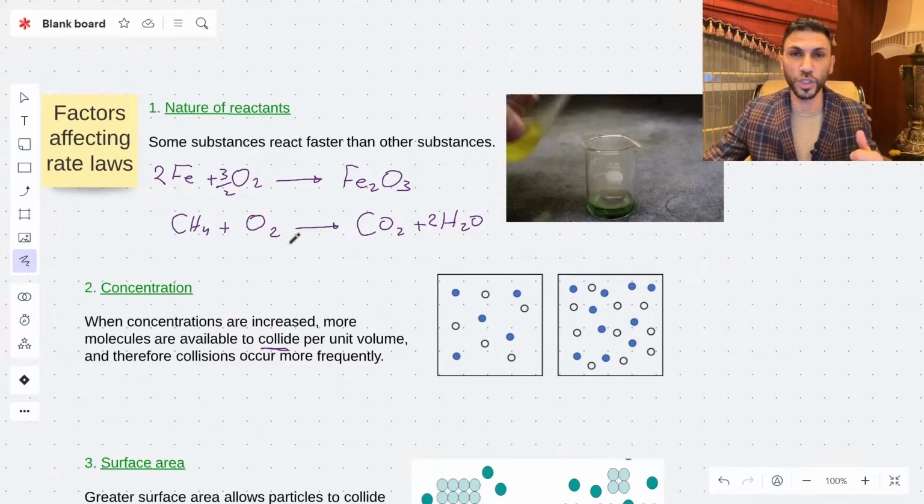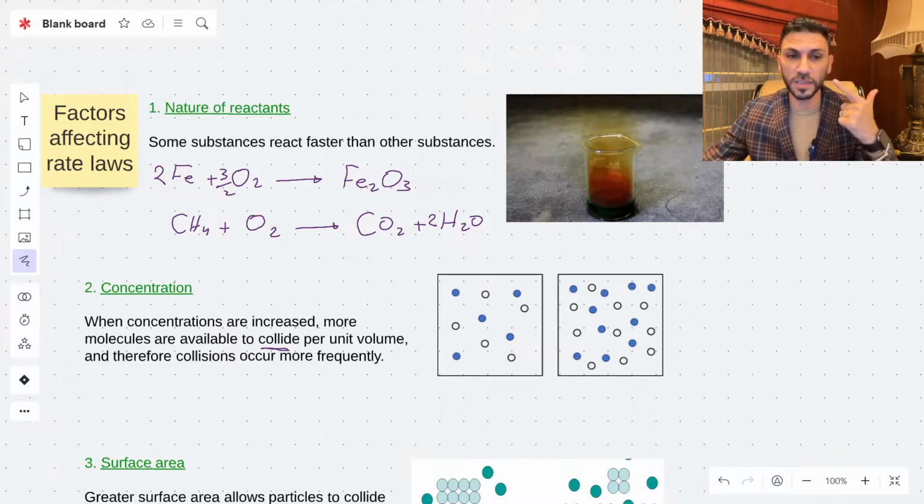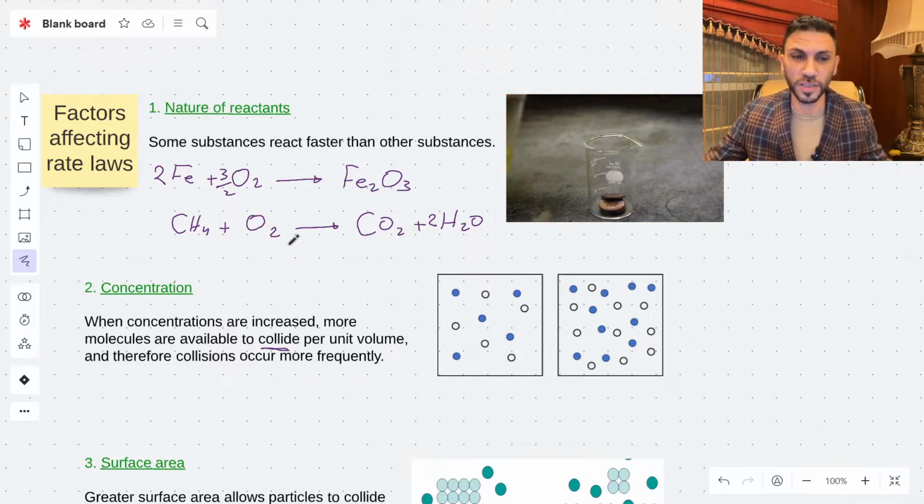We need this collision to be in the correct orientation, and it has to have sufficient energy. So when we have more particles, or the concentration is more, that means more molecules are available to collide per unit of volume, and therefore the collisions occur more frequently.